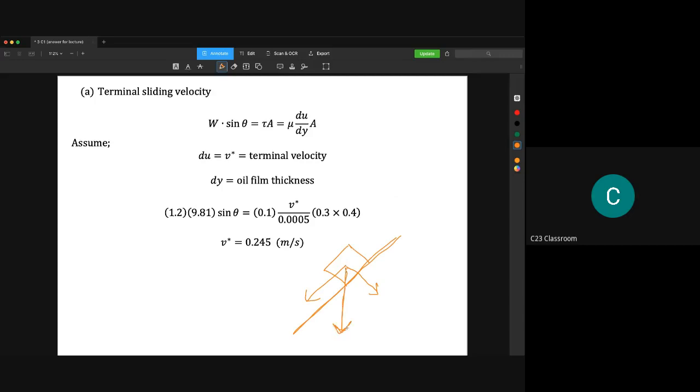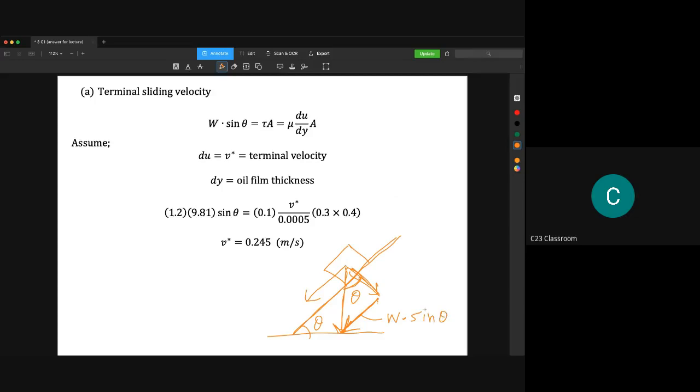If the angle here is 30 degrees, then we assume this is the same angle, and we could calculate that the weight component is W sine theta, and we have a cos component, and the weight that contributes to the motion is W sine theta.